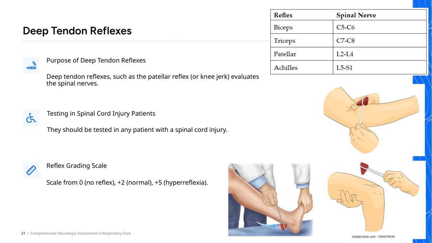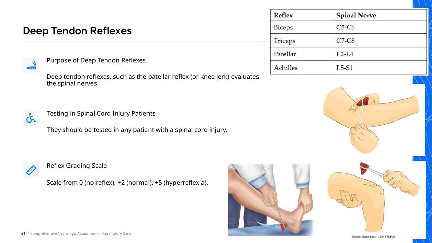Specifically, when we talk about deep tendon reflexes like the patellar reflex or knee jerk, we're evaluating the function of the spinal nerves involved in that reflex arc. The main purpose here is to assess the functioning of the reflex pathways, which can help us identify any abnormalities or changes in nerve function.